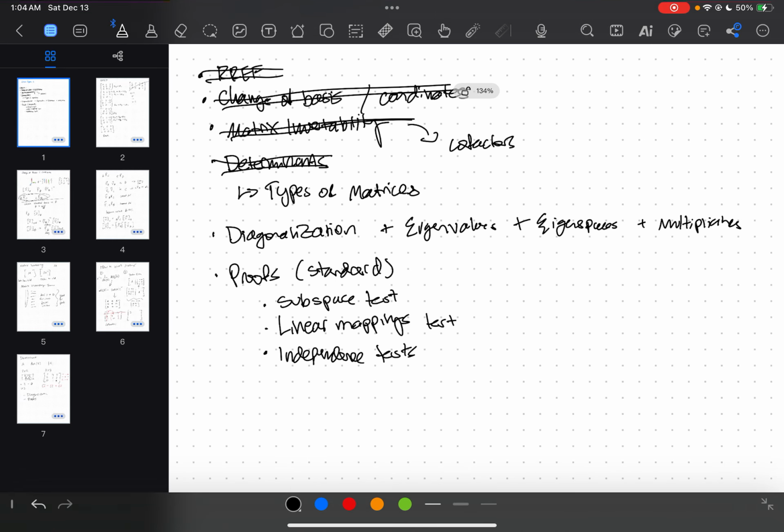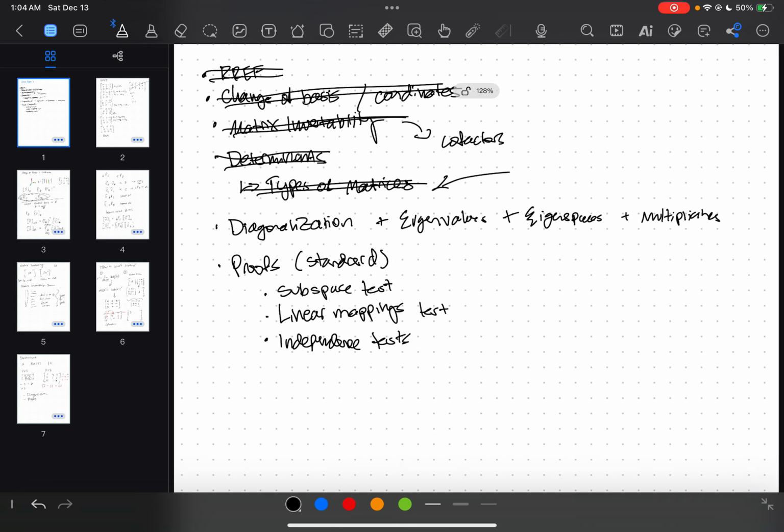So there are different types of matrices that have different determinant strategies, and I'll make another video on that. Diagonalization, eigenvalues, eigenspaces, multiplicities. These are try and mark questions. On my final exam it's worth like 8 marks out of 50. That's a pretty big chunk.